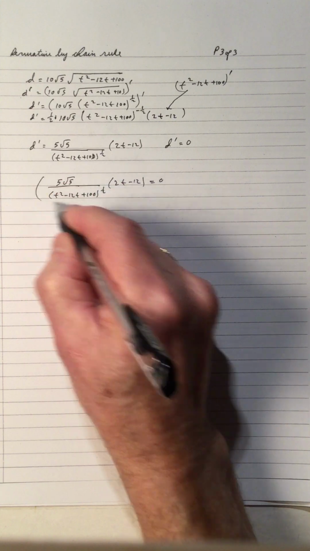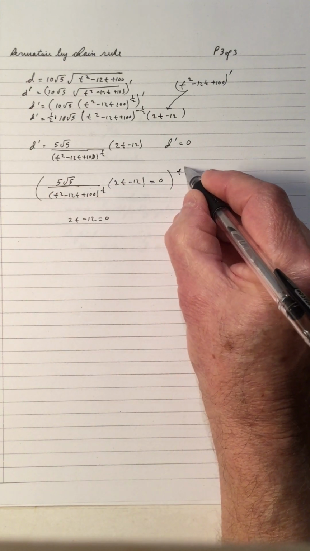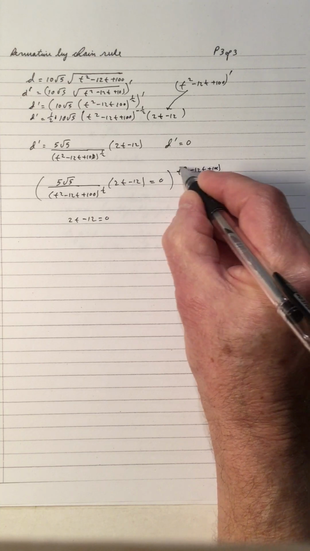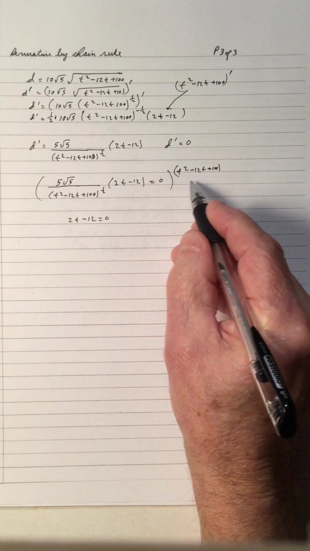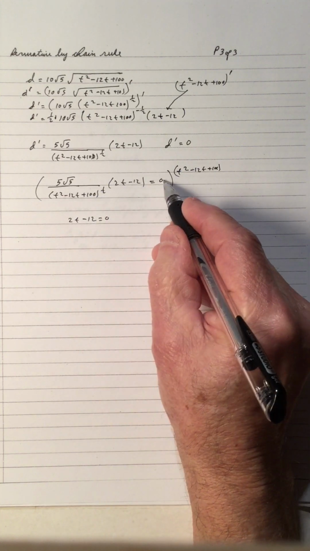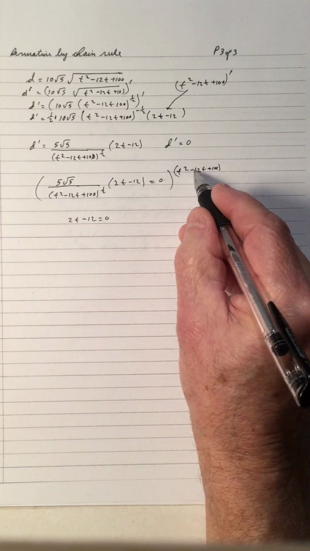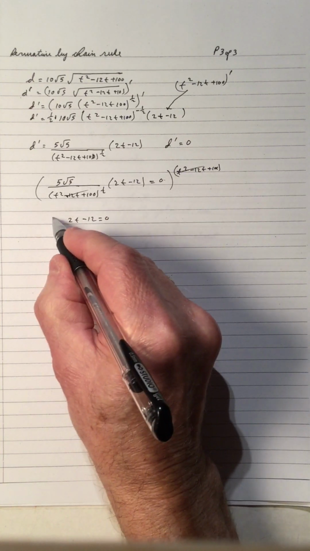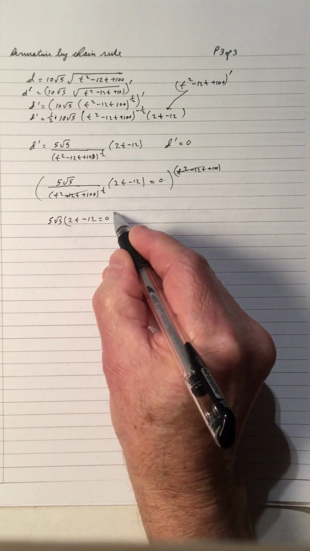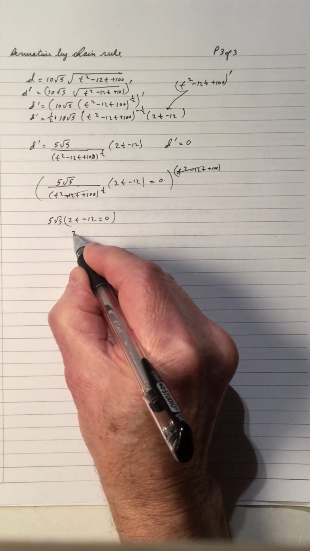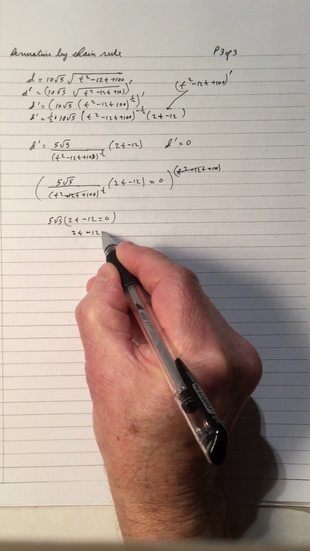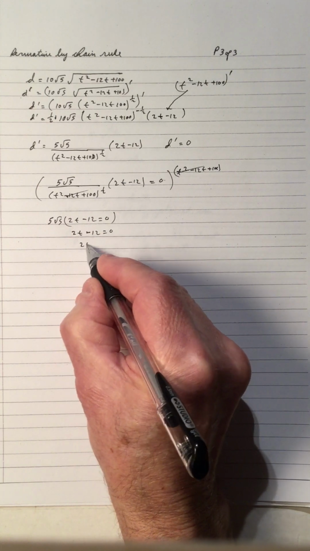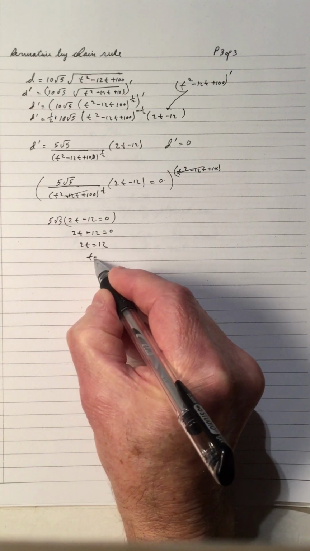So if you multiply all of that by t squared minus 12t plus 100 on both sides, you do it with 0, that gives you the 0, and when you multiply here, they cancel out, and you get 5 root 5 times that, and that divided into 0 gives you 2t minus 12 equals 0, because you divide 5 root 5 on each side, and you get 2t equals 12, so t equals 6.